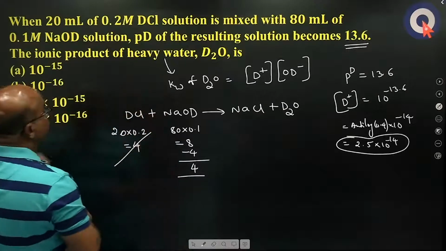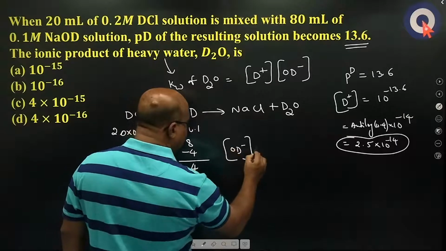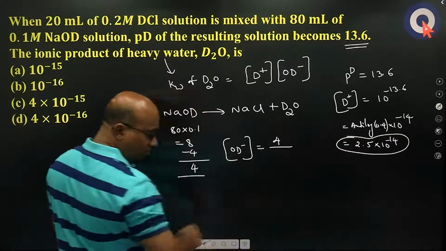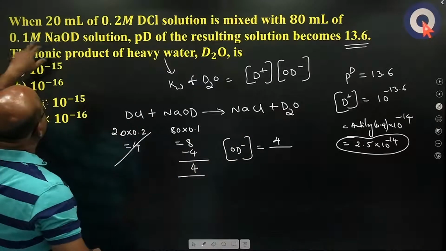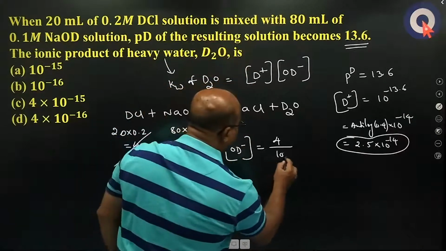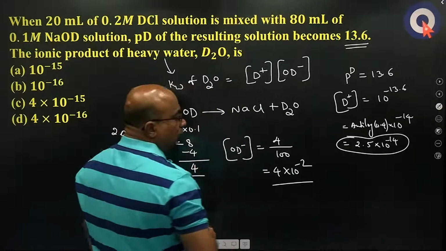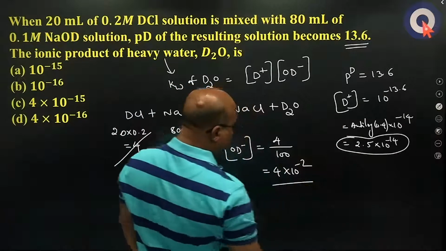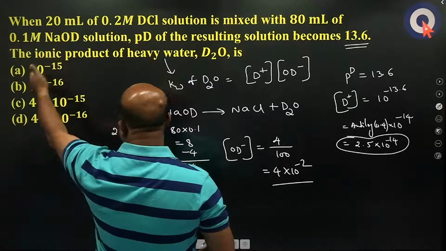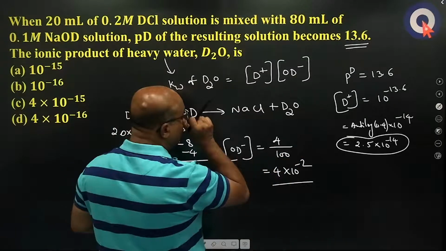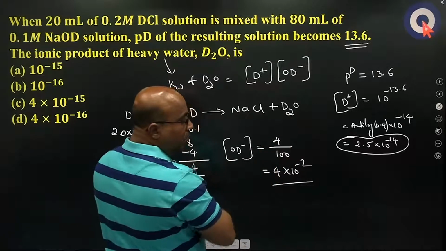So how much is the OD concentration? OD minus concentration is nothing but the excess number of millimoles by the total volume. 20 plus 80, that is 100, so that is 4 into 10 to the power of minus 2. So we said D plus concentration is this and OD minus concentration is this, and we are using the approximation of log 8.4 between 2 and 3, taking exactly half.